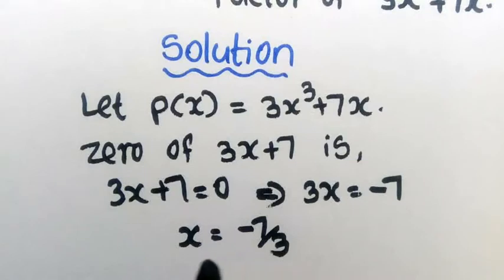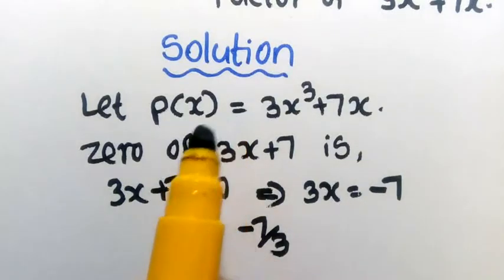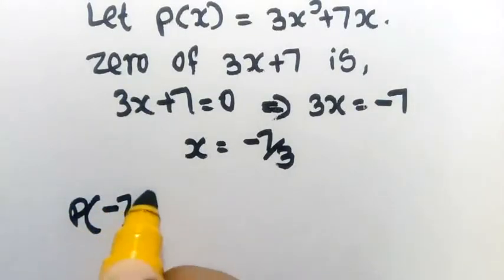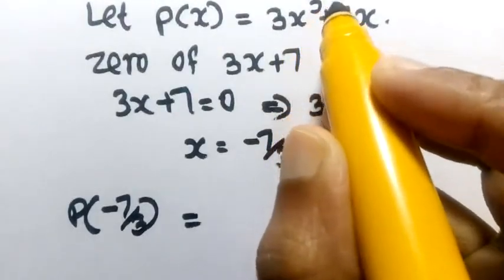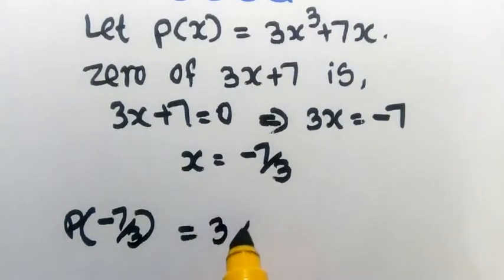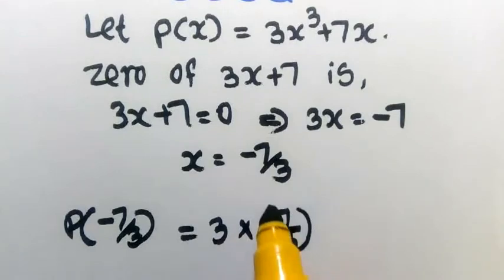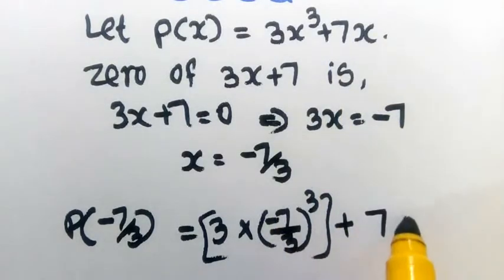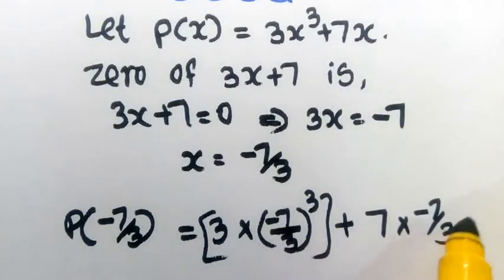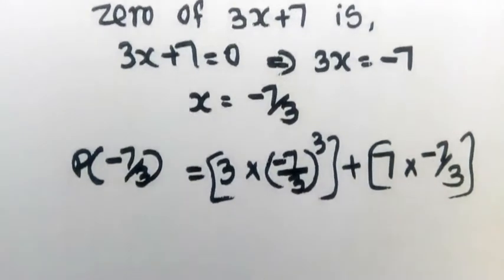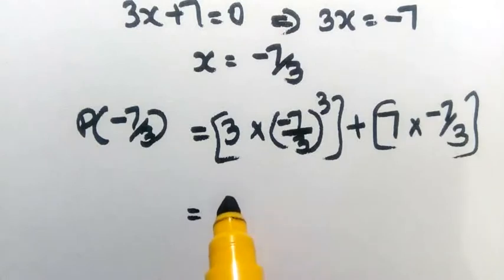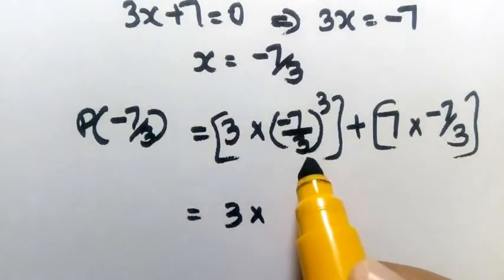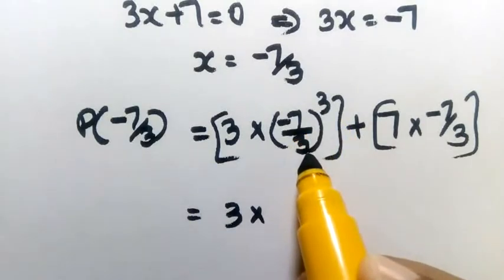Now we need to substitute the value of x in p of x. So the next step is p of minus 7 by 3 is equal to, we have 3x cube, so 3 into (minus 7 by 3) whole cube, plus 7x, 7 into x, minus 7 by 3. That is equal to 3 into (minus 7 by 3) whole cube. (Minus 7 by 3) whole cube means minus 7 cube by 3 cube.